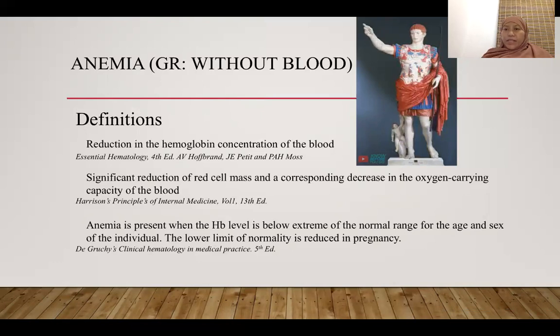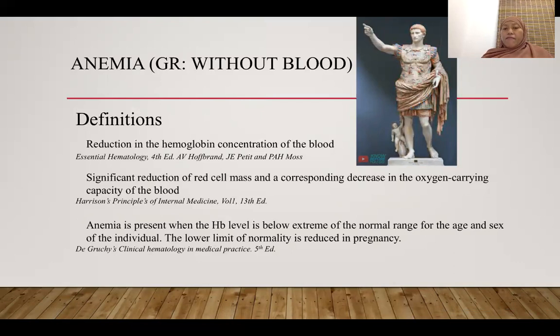A very simple understanding. In Harrison's Principles of Internal Medicine, which is the Bible for general medicine physicians, it is further expanded into a significant reduction of red cell mass and a corresponding decrease in the oxygen carrying capacity of the blood.